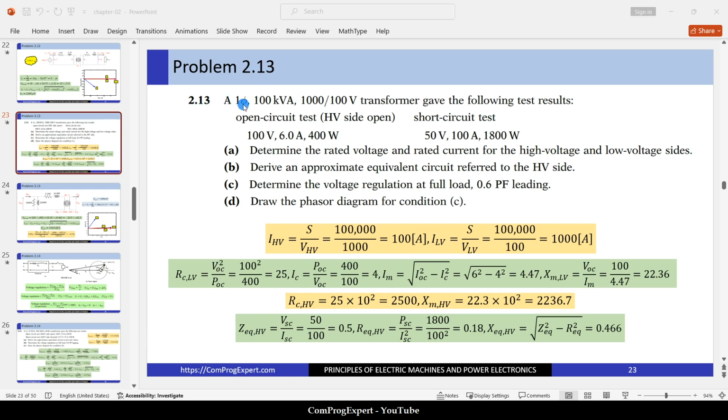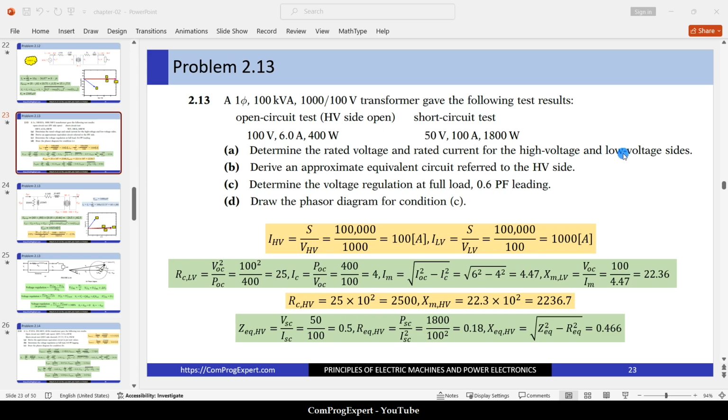A single phase 100 kilovolt ampere 1000 to 100 volt transformer gave the following test results for the open circuit test and the short circuit test. We have this information. A. Determine the rated voltage and rated current for the high voltage and low voltage sides.